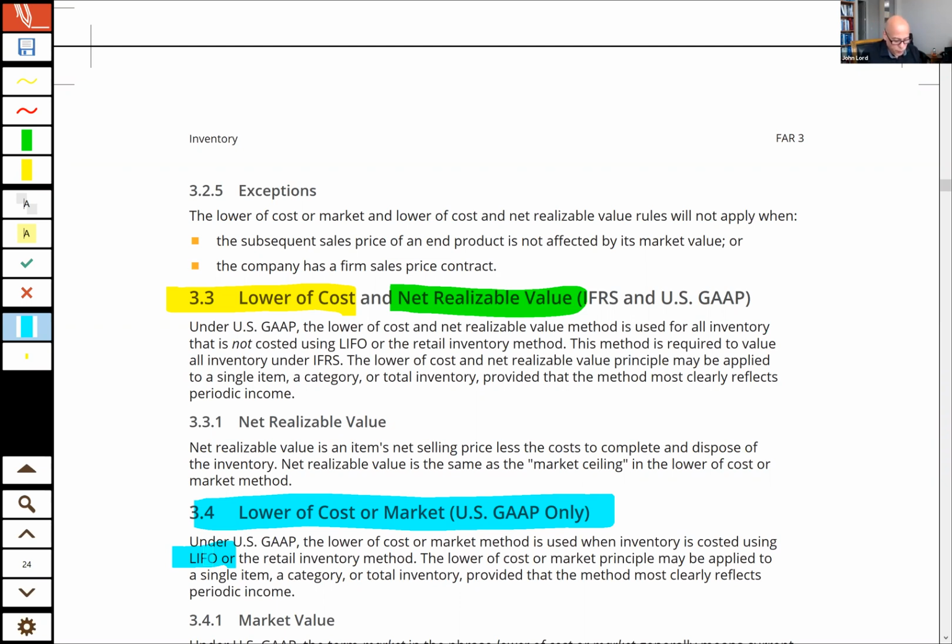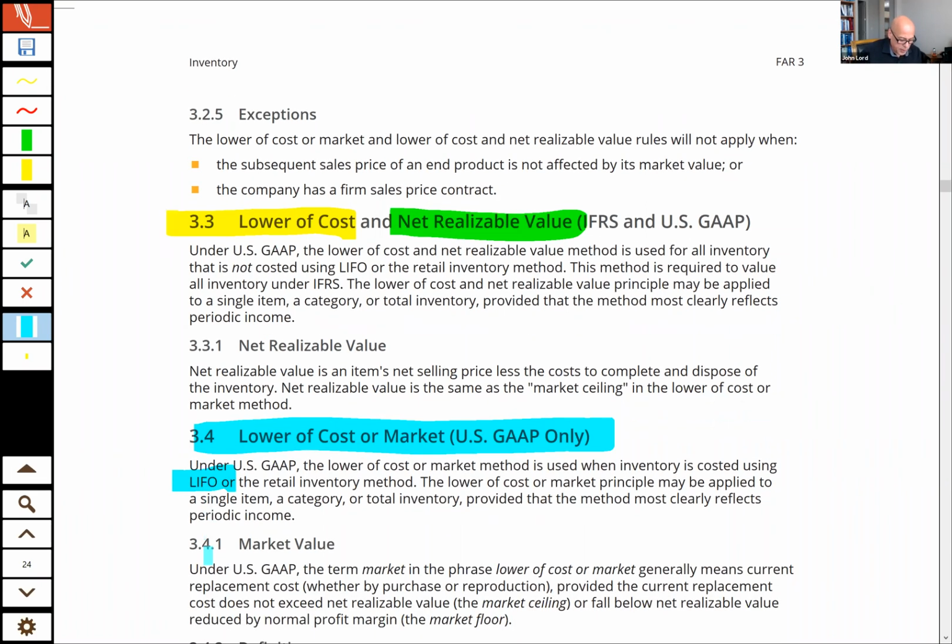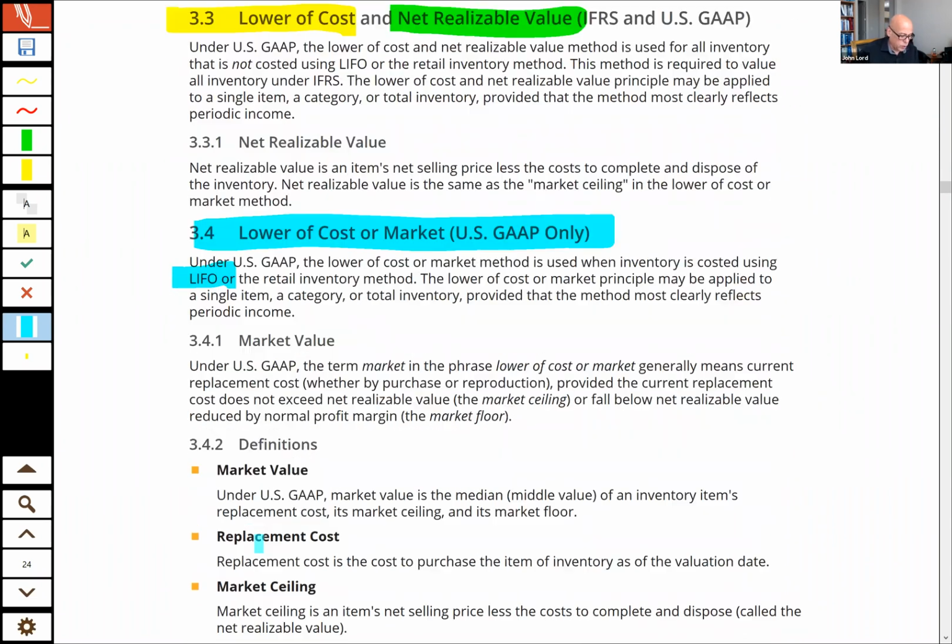Okay, so for US GAAP, where you're allowed to use LIFO, you carry the inventory at the lower of cost or market. So let's start with that. Now they tell us that when we look at market value, it means the replacement cost.